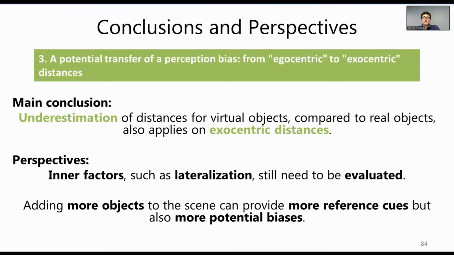However, our experiments also reveal the effect of inner factors, here the lateralization of the observer, on exocentric distance perception. Studying those inner factors could be very important to be able to understand the effect of the lateralization on distance perception.